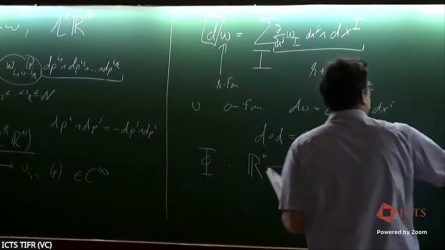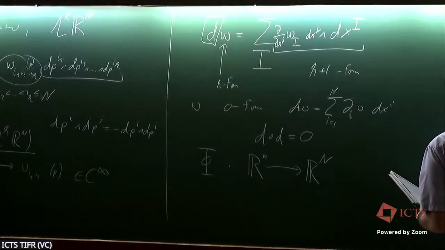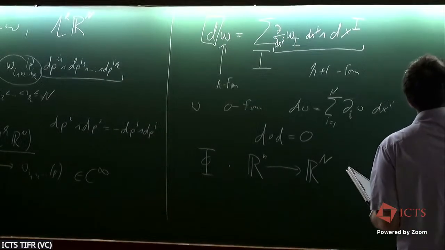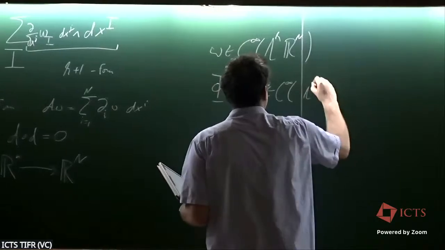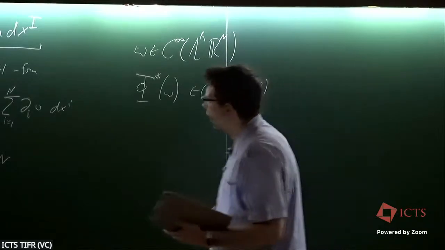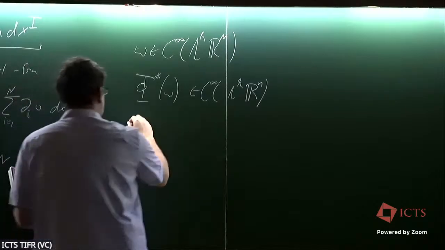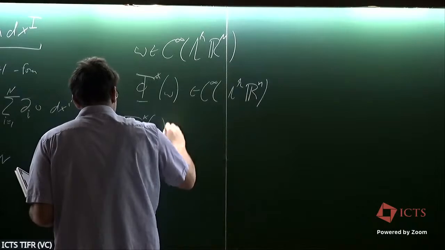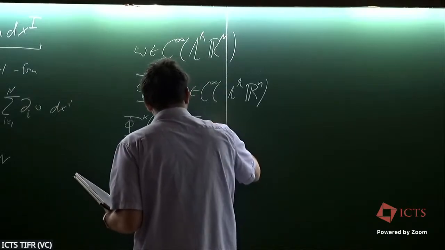Right? So omega, let it be a C infinity K form on R capital N, then phi star of omega, if phi is smooth, will be in C infinity, still a K form, but on R little n. Okay, and the formula is the chain rule. We just plug in the phi here, but we also have to replace these coordinates with phi. Right? So just so that we have seen it once, I write the sum over I, because I'm lazy. Then I write omega I, composed with phi.